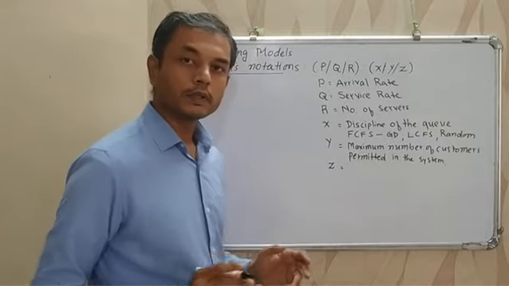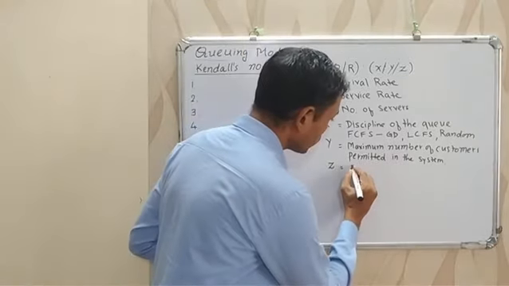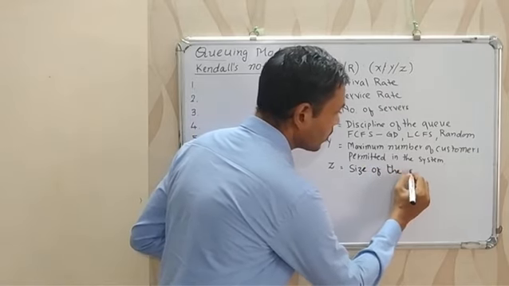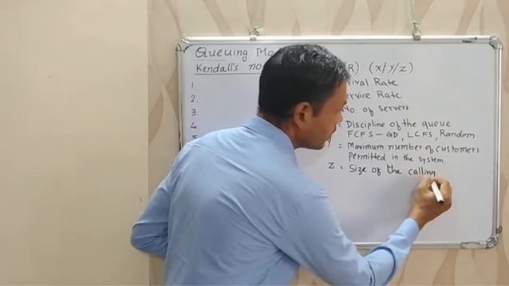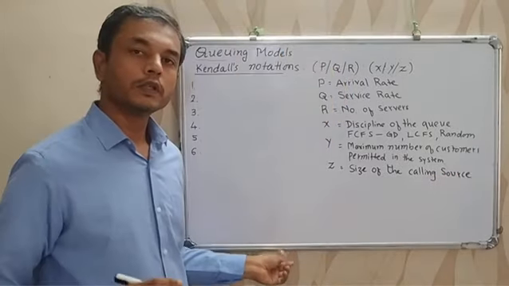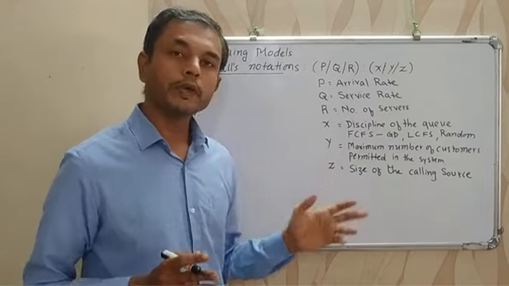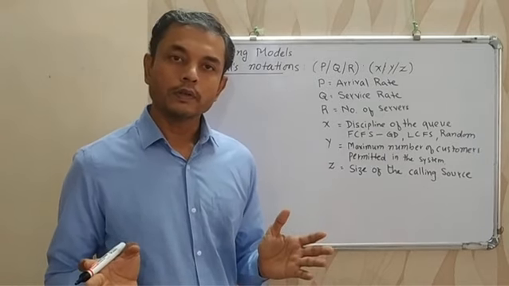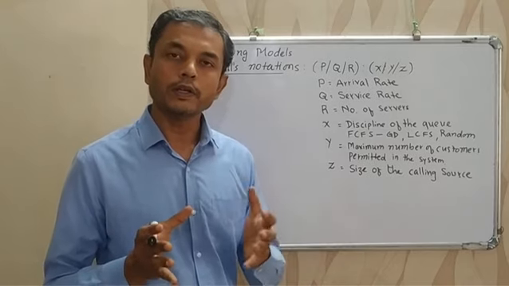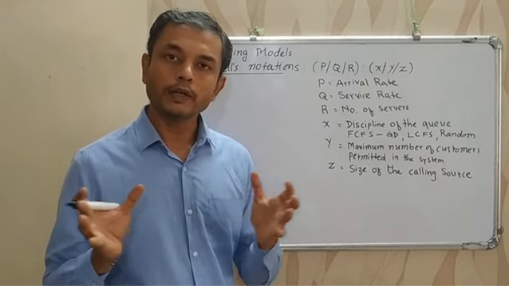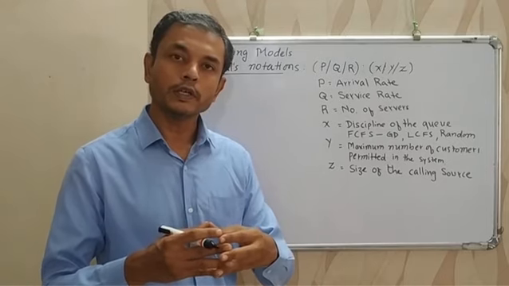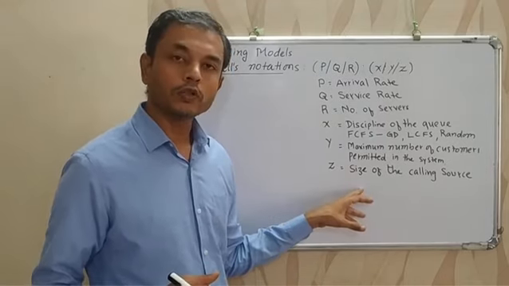Z means the size of the calling source. Similar to Y, Z might be infinite or finite. If I am calling final year mechanical students for an interview, then the number of students in the final year of mechanical engineering becomes the size of the calling source.